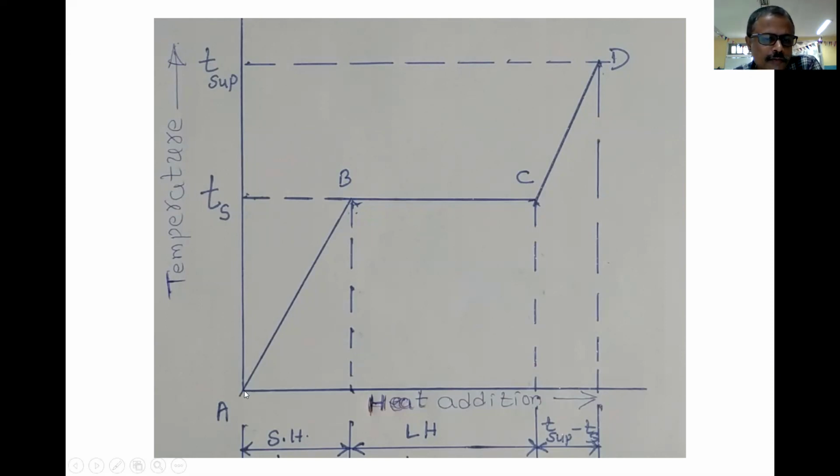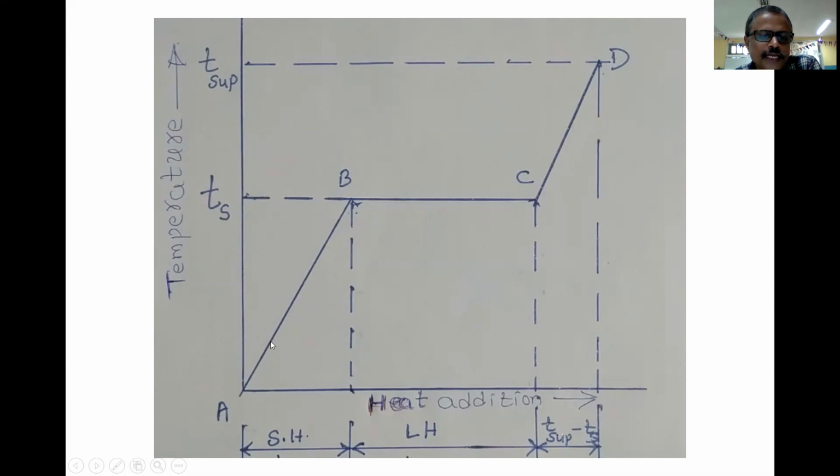I will start from point A. At point A, we have got 1 kg of water at 0 degree centigrade. Continue the heating of water.